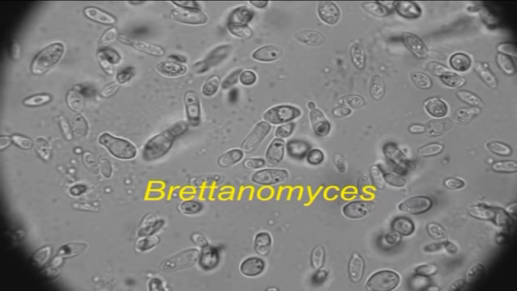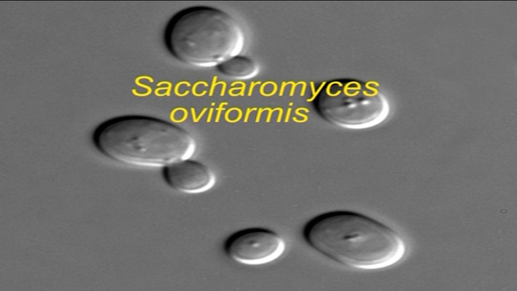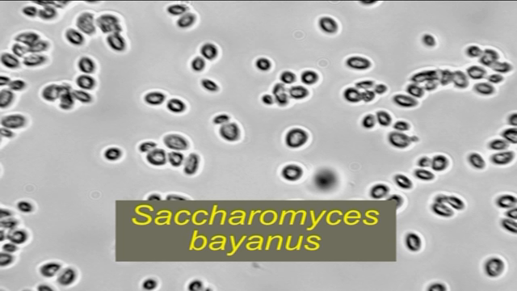The most prevalent is Brettanomyces, a slow growing yeast which grows in wine, causing turbidities and off flavors. Other wine spoilage yeasts are Saccharomyces oviformis, which may use up residual sugar in a sweet wine, and Saccharomyces bayanus, which may cause turbidity and sedimentation in dry wines with some residual sugar.